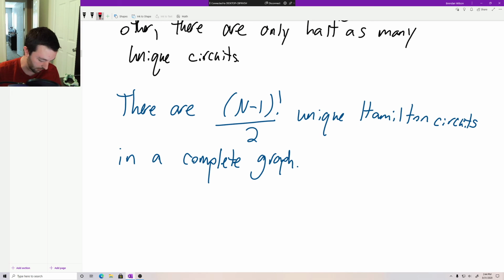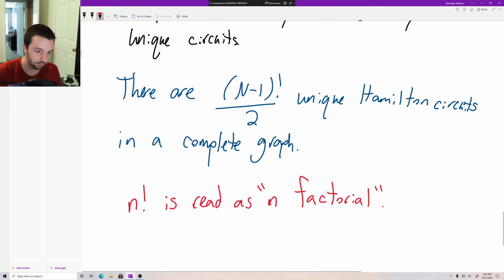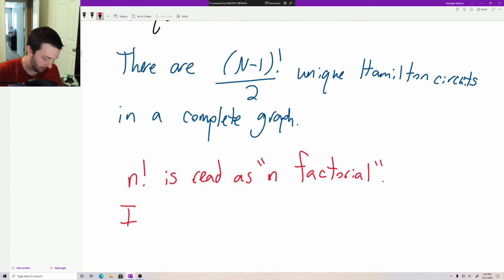But a factorial, or n factorial, is read as n factorial.